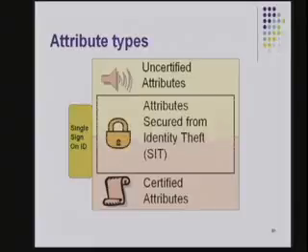So what we do is we add proofs, the concept of being able to prove the possession of these attributes without having to reveal them. And we will then call these attributes secured from identity theft. So that's the SIT. Okay.